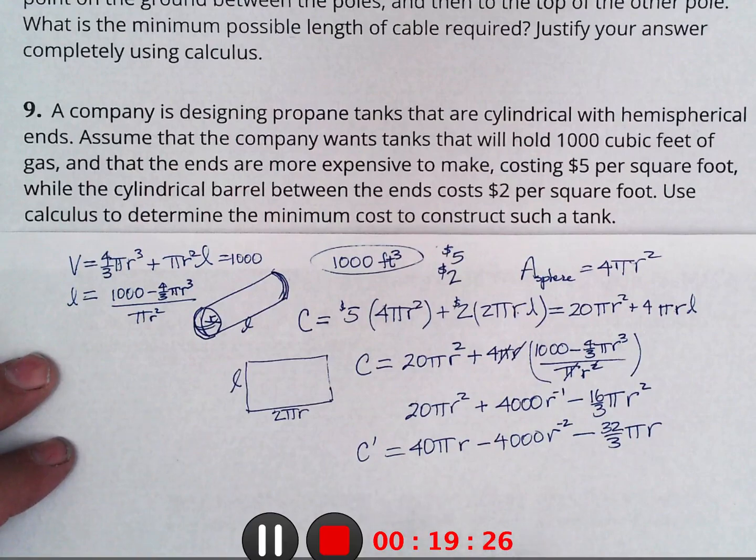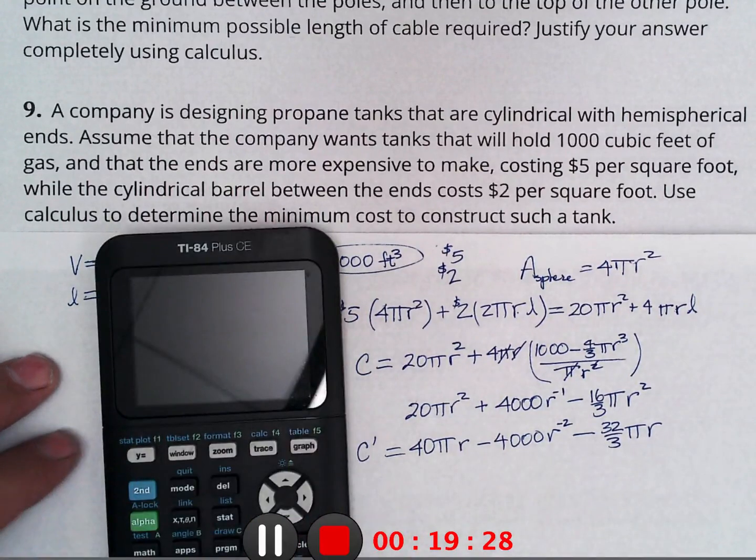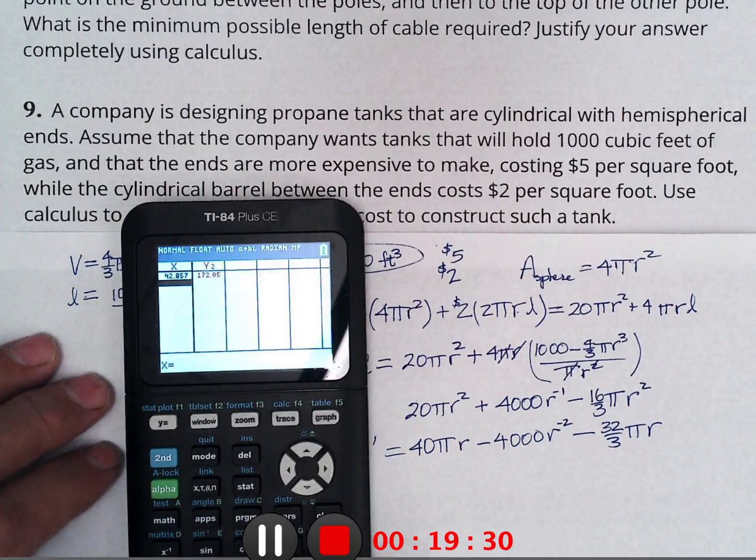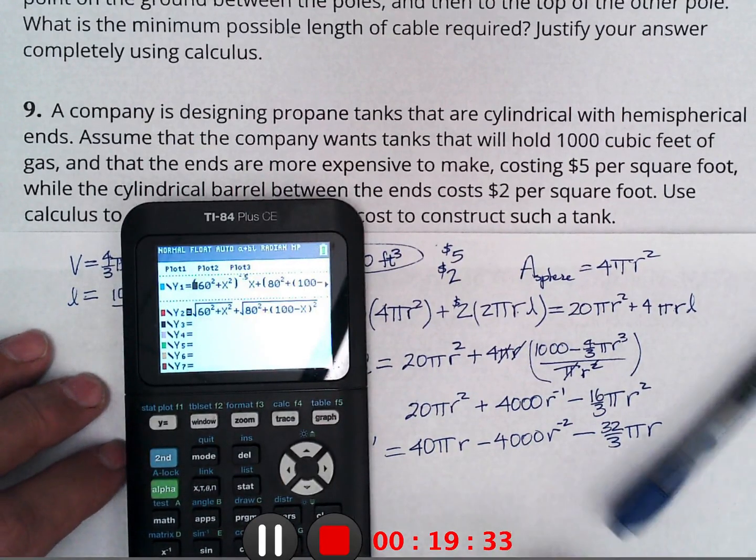That may not be so easy just to do looking at, so let's just go to the calculator and let it help us out here.